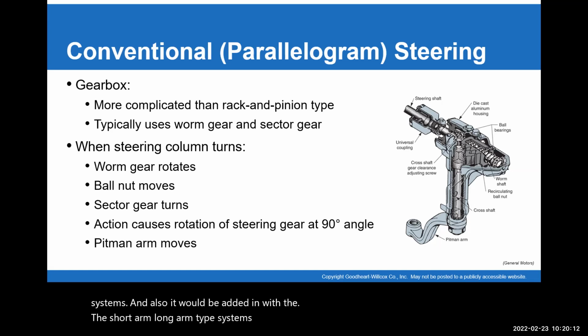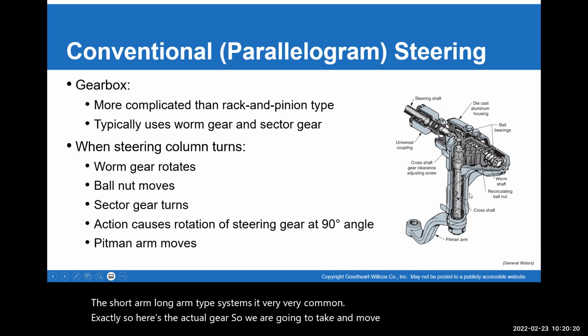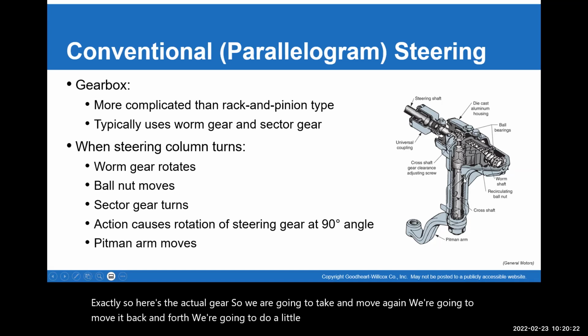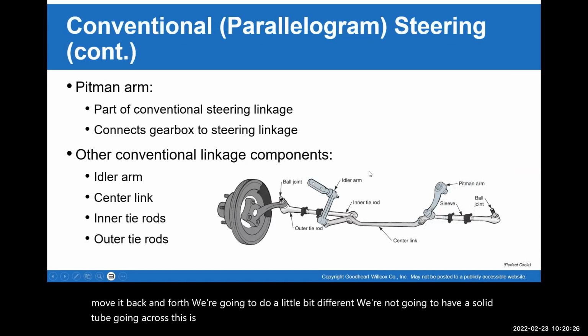Very, very common. So here's the actual gear. We're going to move it back and forth, but a little bit differently. We're not going to have a solid tube going across. This is going to actually use linkage.